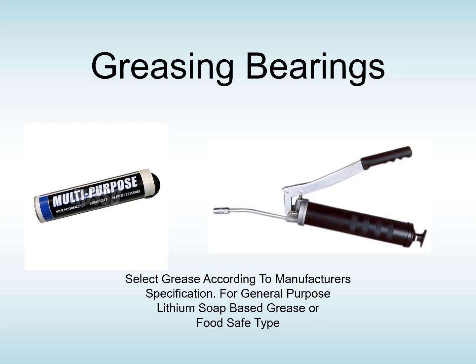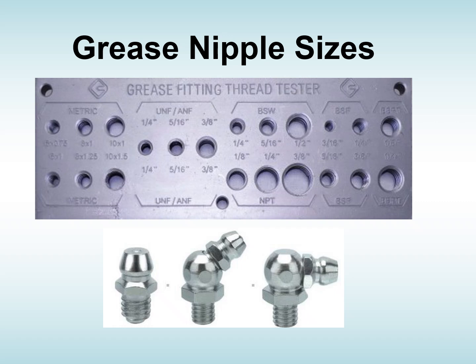For general purpose, lithium soap-based grease or a food safe type. If you're ever looking to replace a grease nipple, you need to be careful, because going back to the threads again, there are loads and loads of different types of grease nipple sizes.